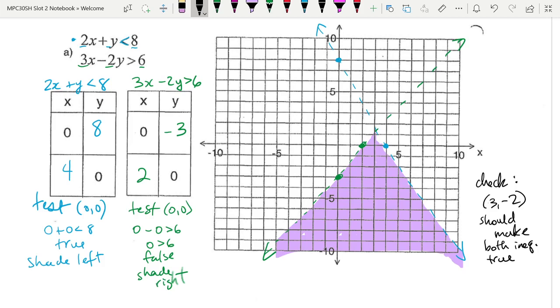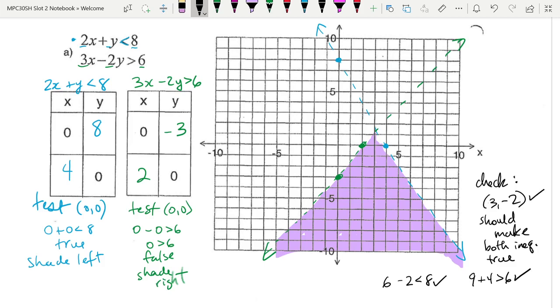And let's see if it makes them true. So 2 times 3 is 6. 6 plus negative 2 is less than 8. That's true. 3 times 3 is 9. 9 minus negative 4 is greater than 6. True. So that point checks.